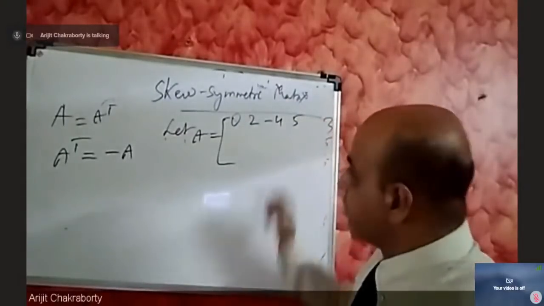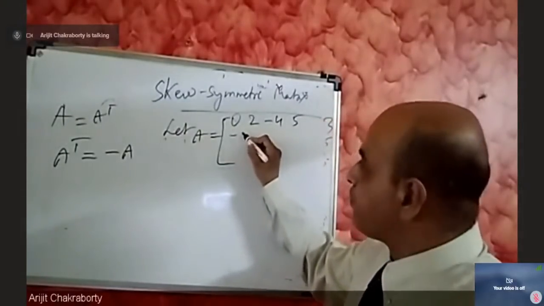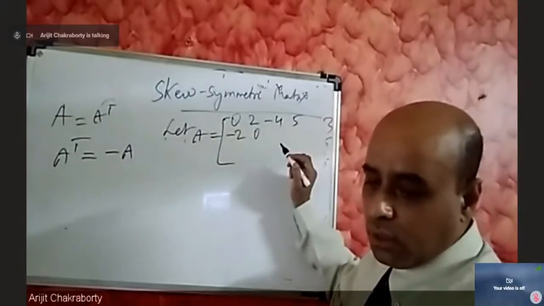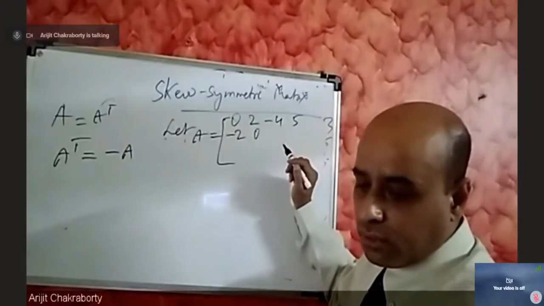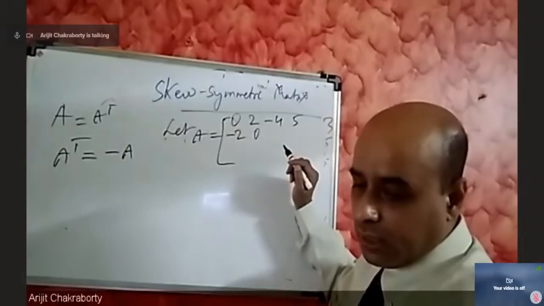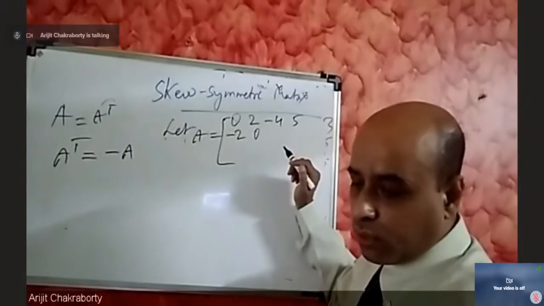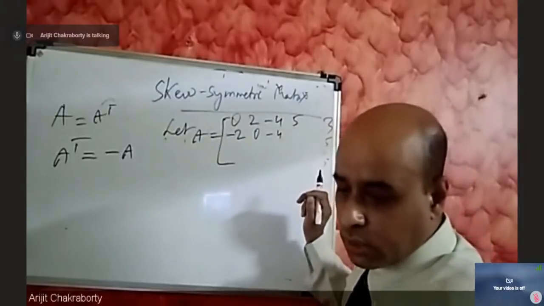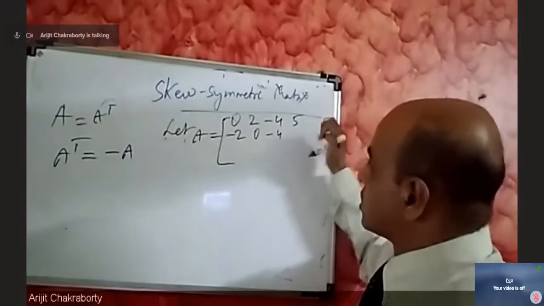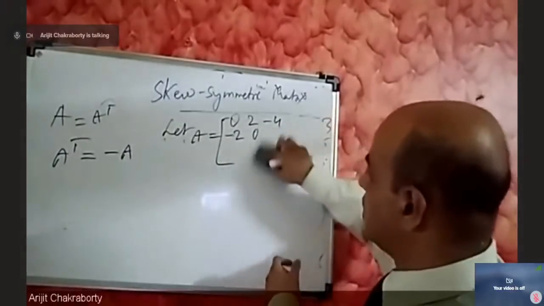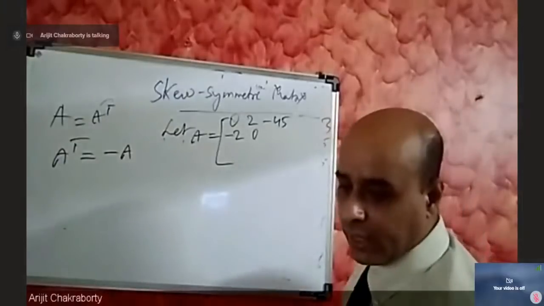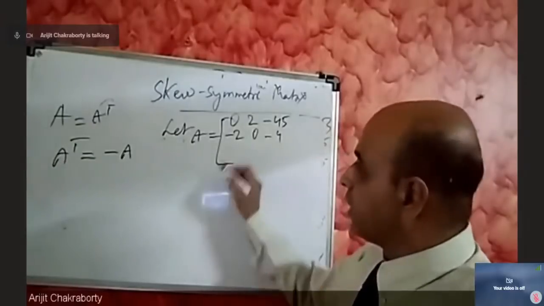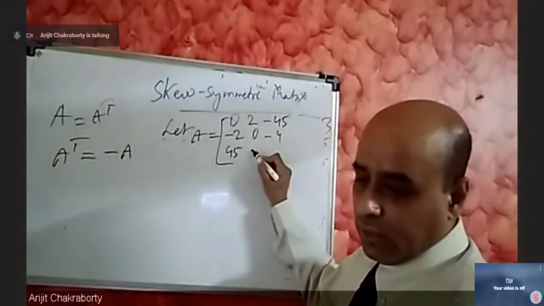Then we have minus 2, 0, minus 4. And then you have 45, 4 and 0.